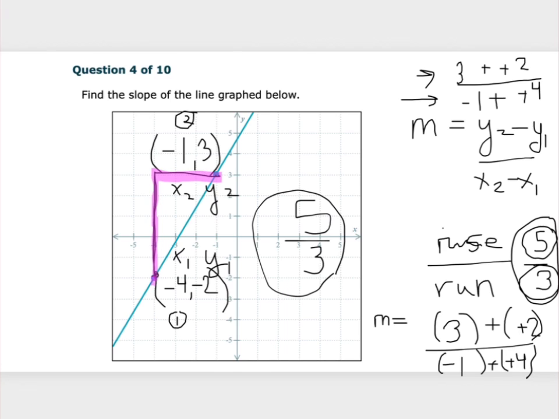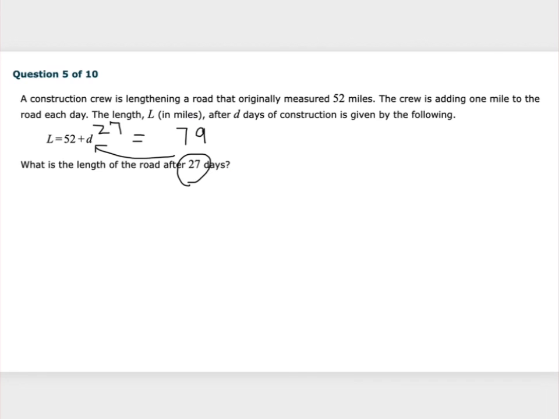To get from one point on the line to another point, we rise 5, run 3. Okay, so that is our slope. We can come up with the slope from just looking at rise over run, or using our formula, slope is y2 minus y1 over x2 minus x1. They both work.